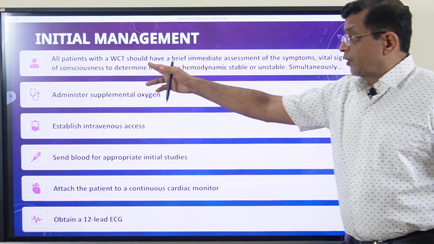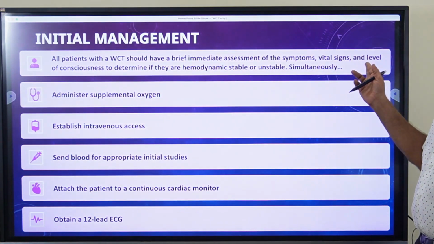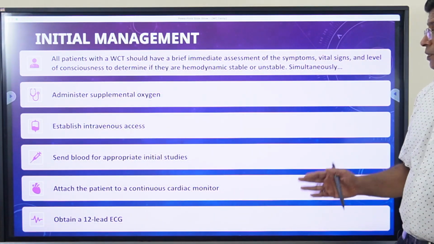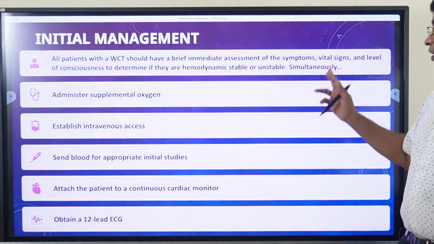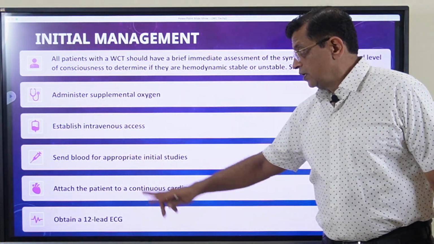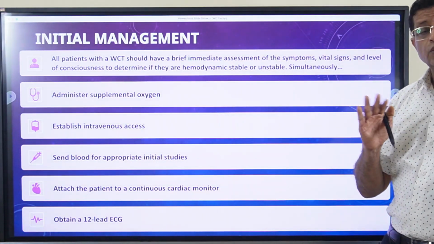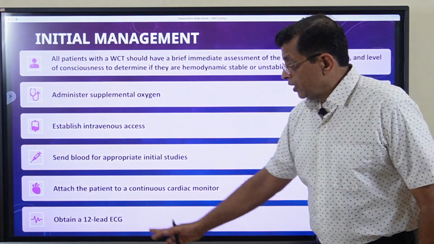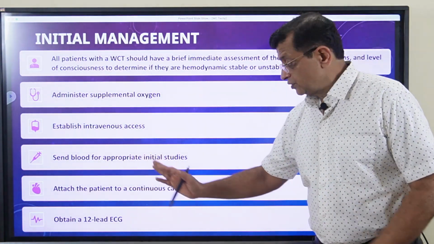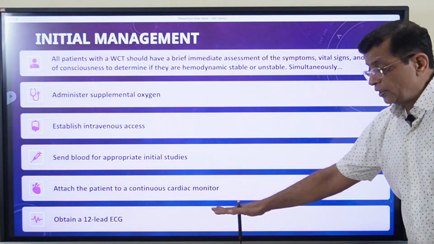So all patients with wide complex tachycardia should have a brief assessment of symptoms, vital signs and level of consciousness to see whether the patient is stable or unstable, hemodynamic stability, and simultaneously start oxygen, get a venous access, send blood for appropriate samples, liver function, kidney function, electrolytes, routine investigations, and if the patient is taking a drug, also send drug levels, attach the patient to a continuous cardiac monitor and take a proper 12 lead ECG with a rhythm strip.